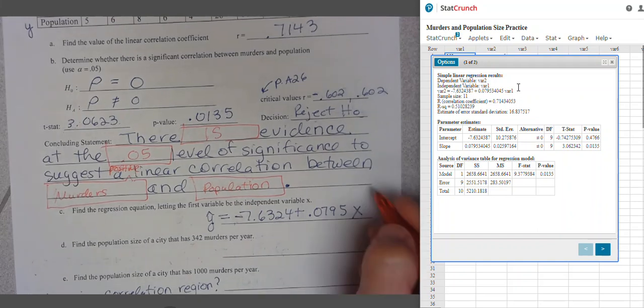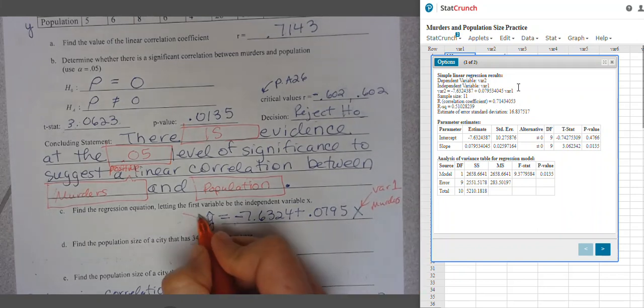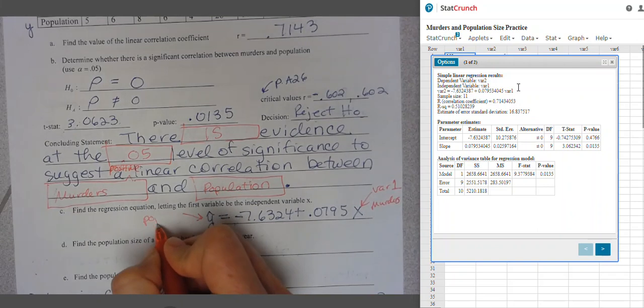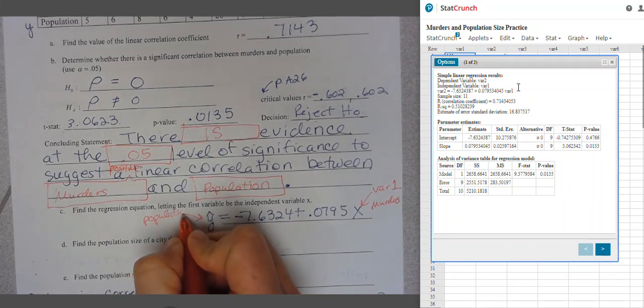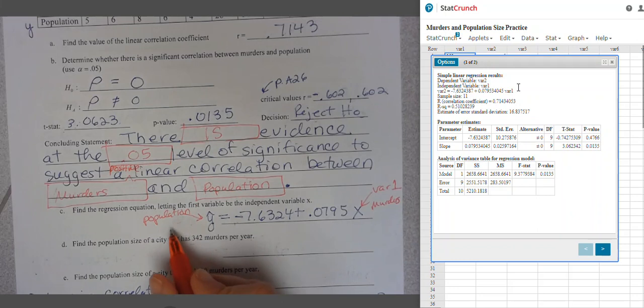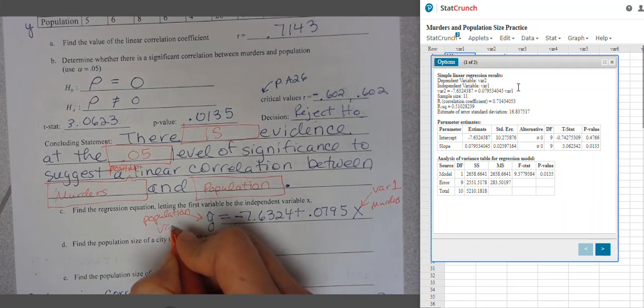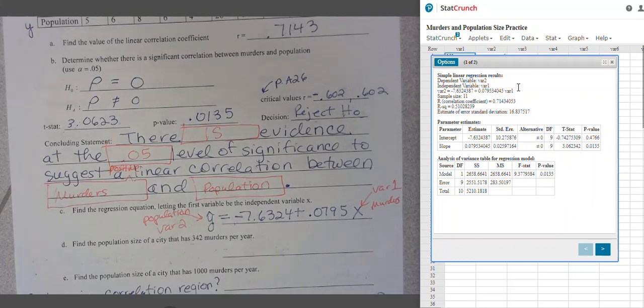Our x is our var1, which is the murders, and this y value is our population, which we have in var2 in StatCrunch.